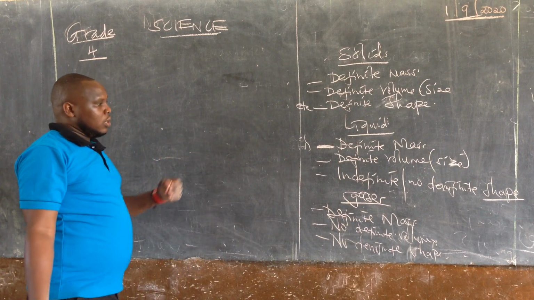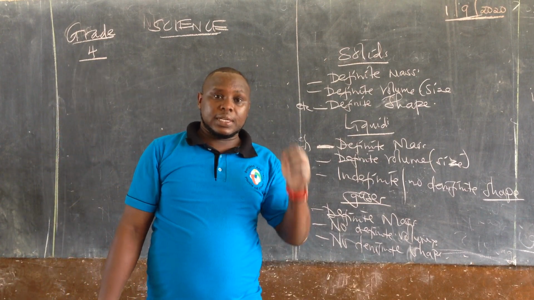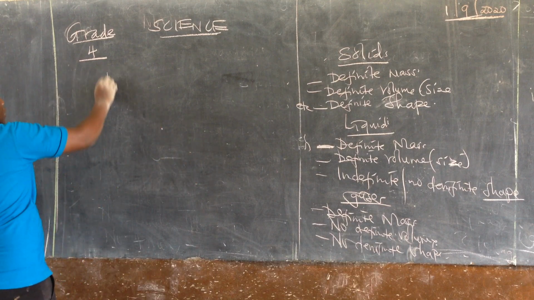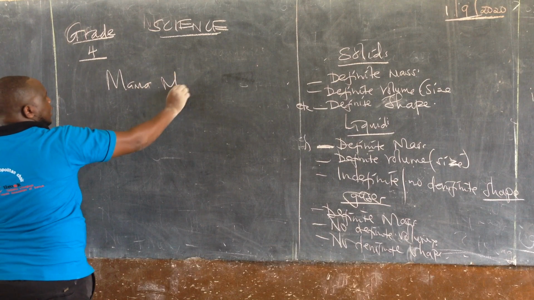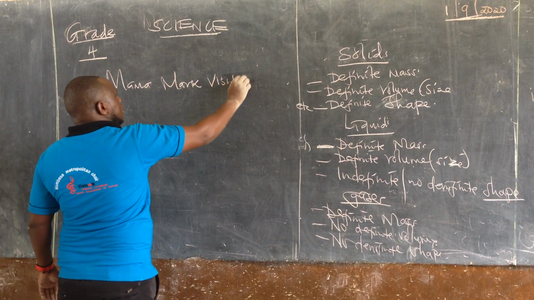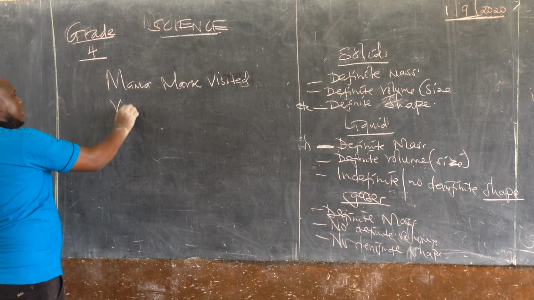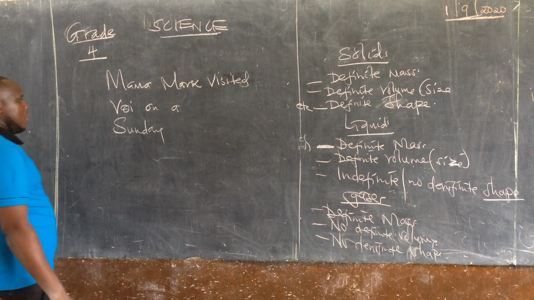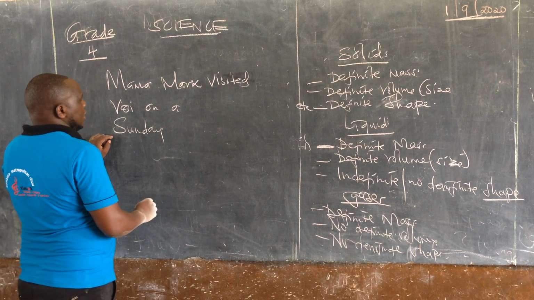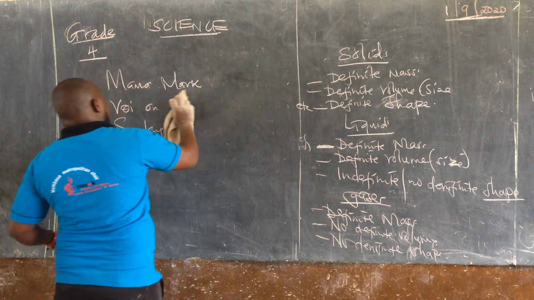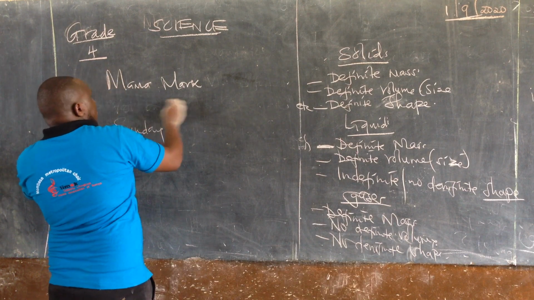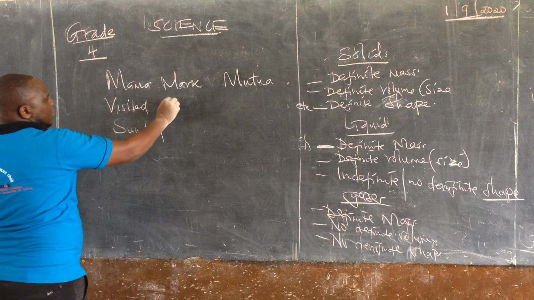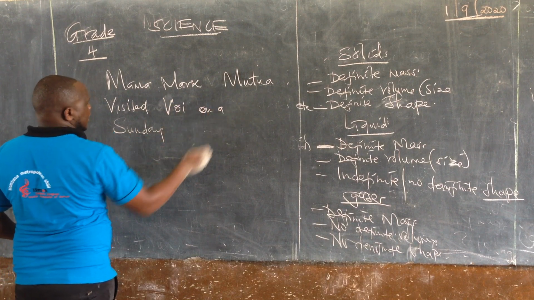If in any exam you are asked about the characteristics of matter, that is, the three states of matter, there is a simple formula where you can say: Mama Mark Mutua visited Boy on a Sunday.